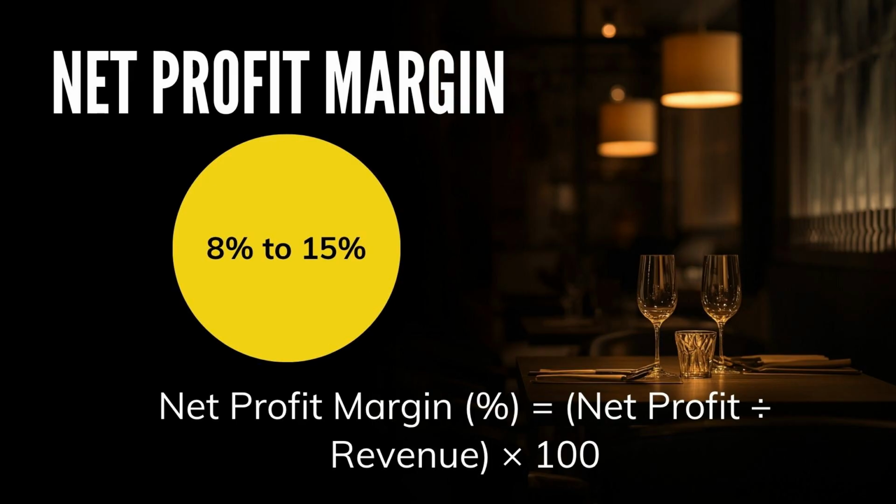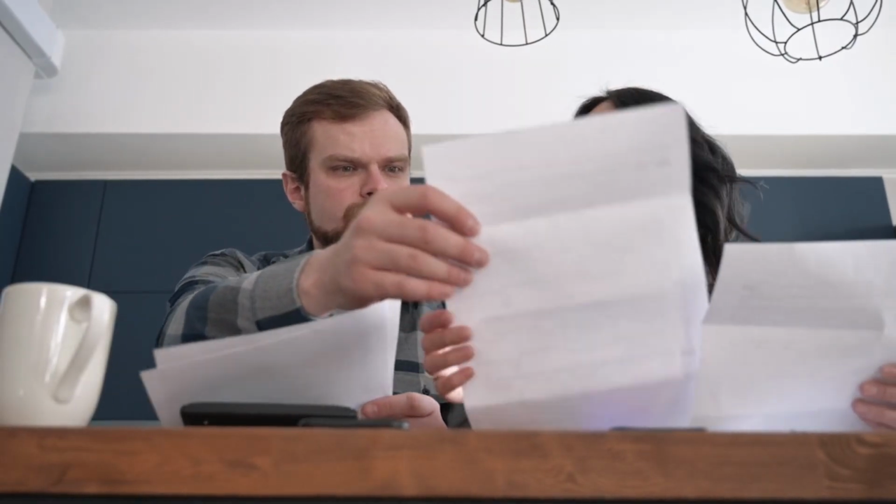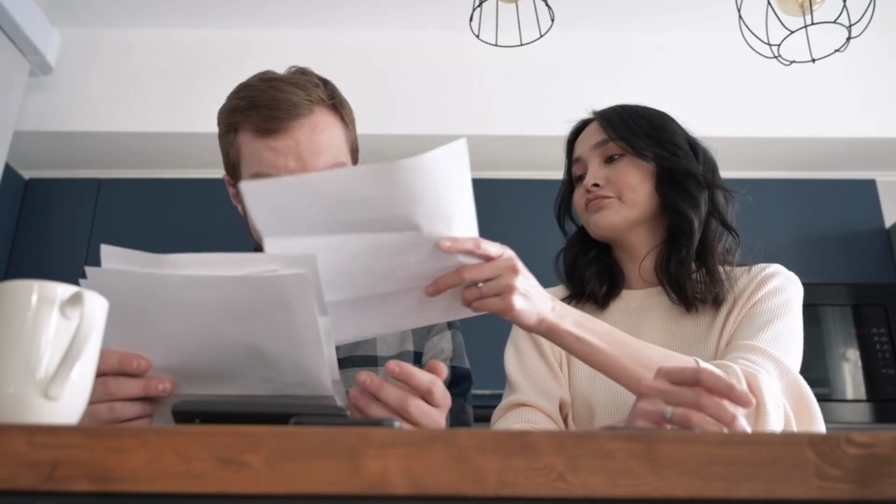If net profit is consistently below this level, management should investigate the underlying causes, whether they are labor, food costs, rent, utilities, or insufficient sales volume. This KPI is heavily influenced by local factors such as taxation, labor regulations, utility costs, and real estate prices.